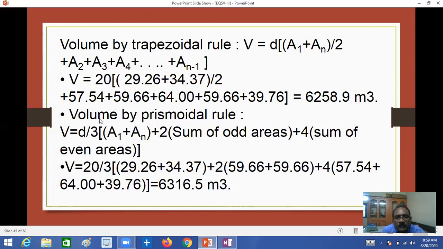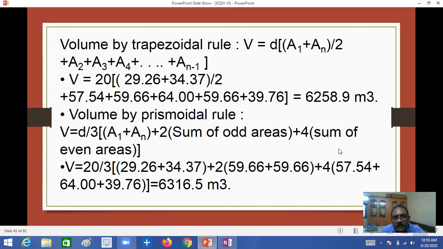In this way, calculating by the formula, you will get 6,248.9 cubic meters. Similarly, you can calculate by the prismoidal rule: L by 3 times, first area plus last area, plus 2 times the sum of odd areas, plus 4 times the sum of even areas. The odd areas are A3, A5, and the even areas are A2, A4, A6.